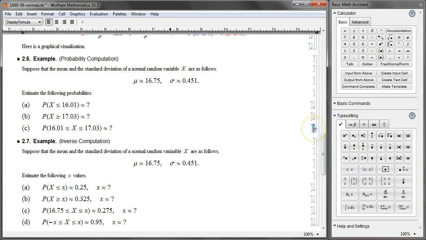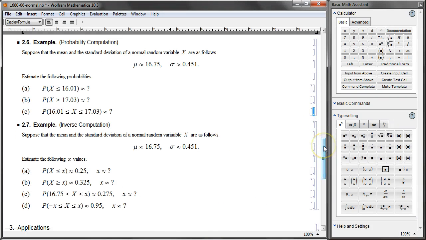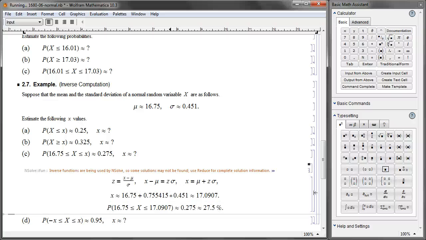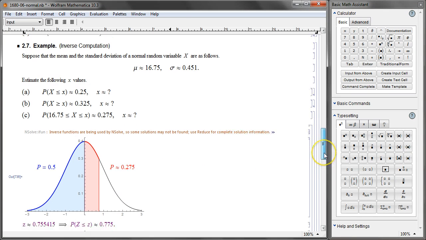How about the backward problem? Okay, pretty much the same thing too. Let's look at problem C, for example. We went a bit light about problem C in the previous set, so let's use this one. The probability that capital X is between 16.75, the expected value, and x is 0.275. So the area of this red region is 0.275.